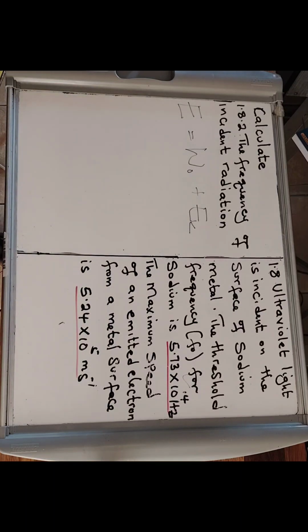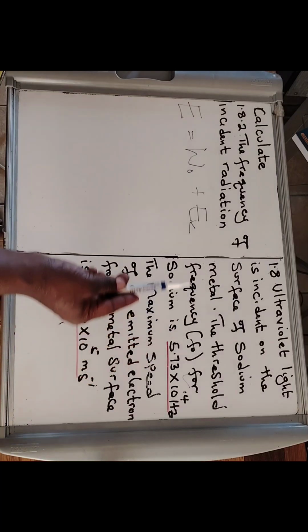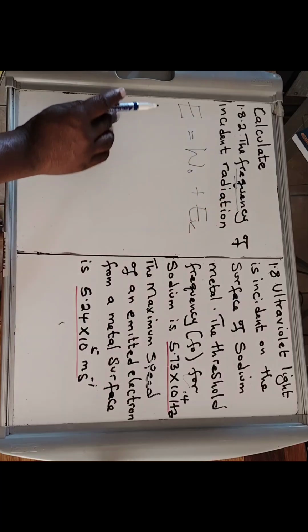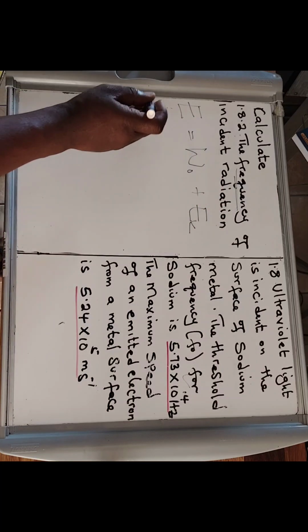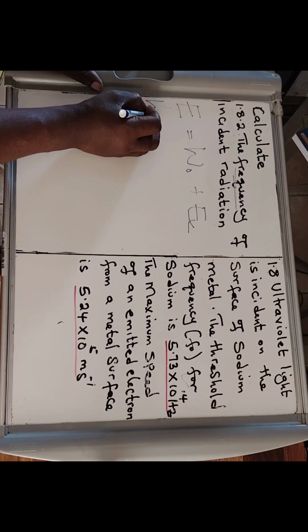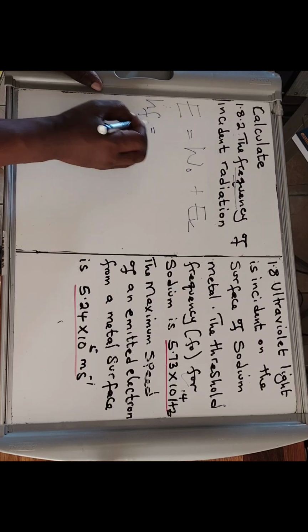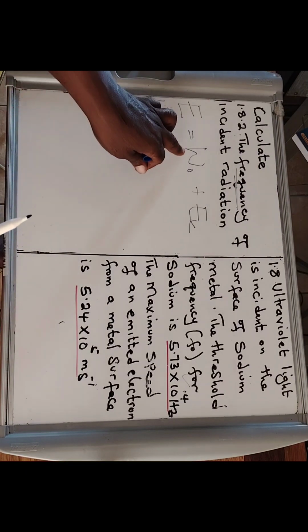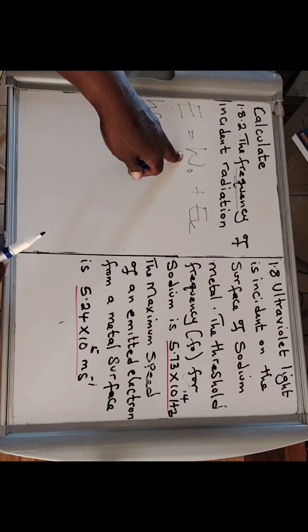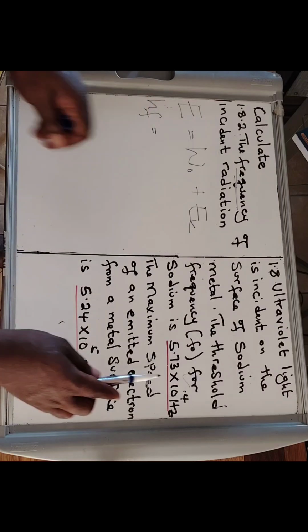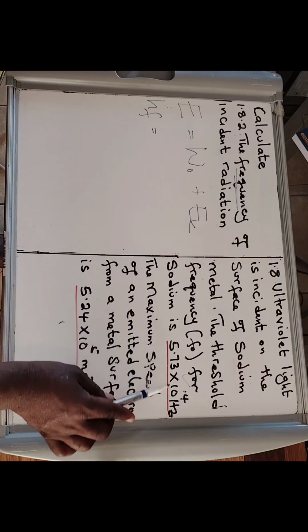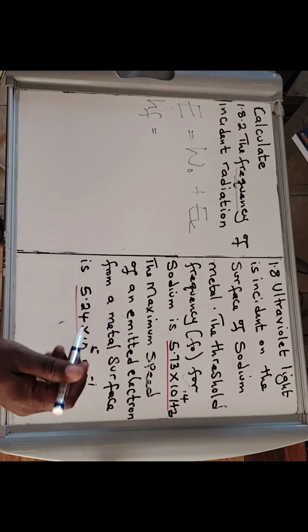So when you look at the information you have, first of all, what are you looking for? You're looking for the frequency of incident radiation. That one lies here, so you change this one to hf. Next, we have work function, but in the data you have the threshold frequency of the metal.